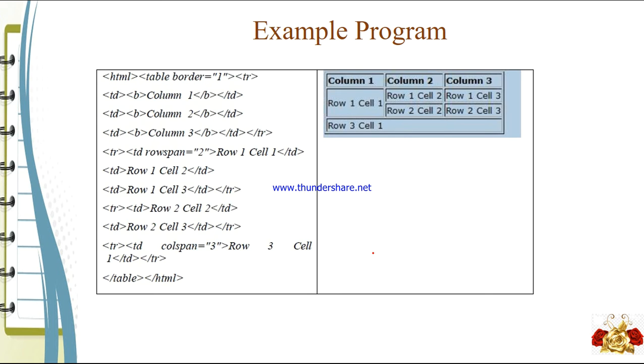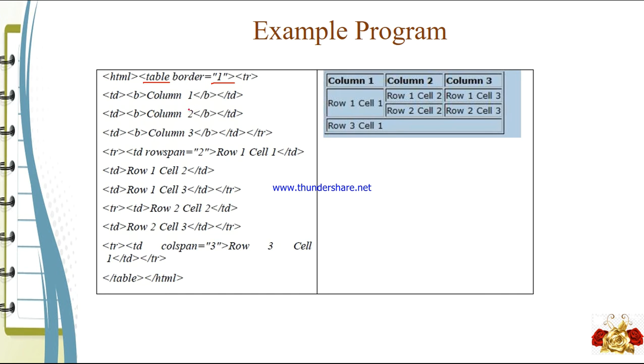This is the output, so based on the output, you have to write the code. This is an example program using HTML. To first create a table, you give the table tag. What is the border size of the table? The border size is 1.